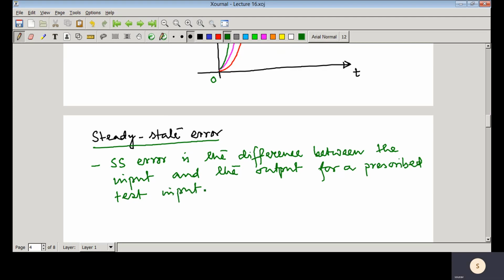Prescribed test input means, as we have already discussed in control systems, we use some standard signals like step input, ramp input, parabolic input, as t tends to infinity.